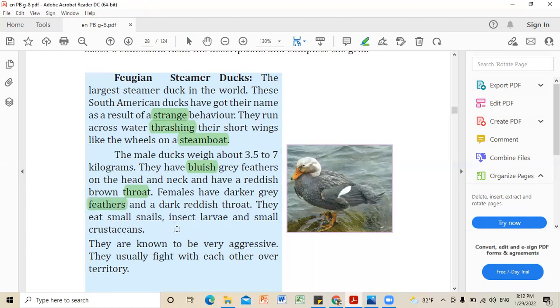They eat small snails, insect larvae, and small crustaceans. They are known to be very aggressive. They usually fight with each other over territory.